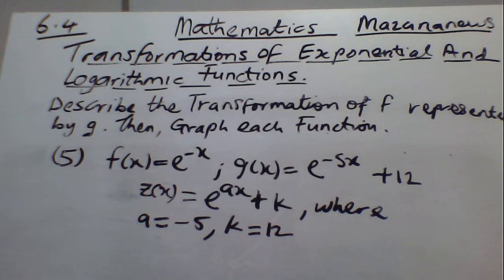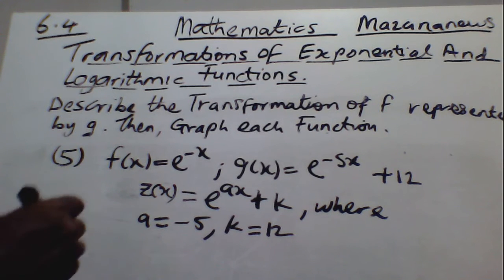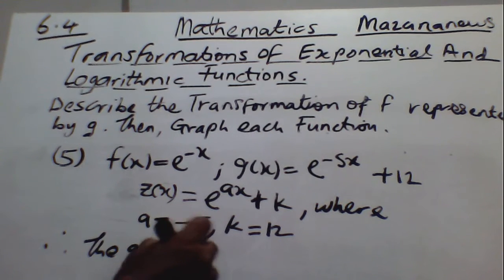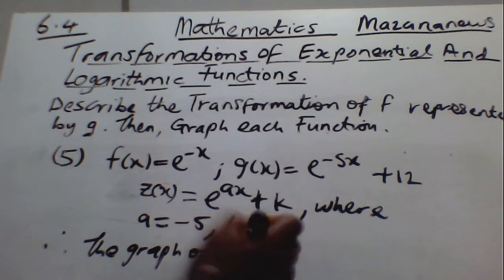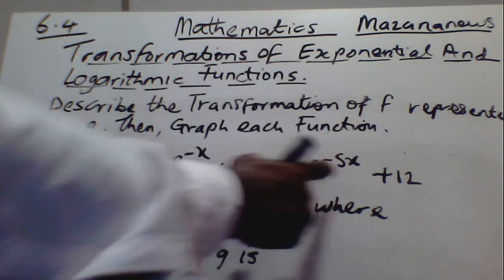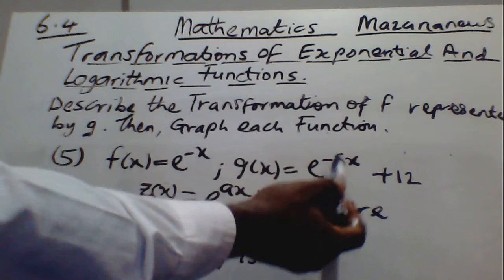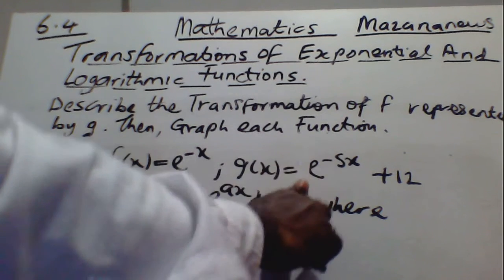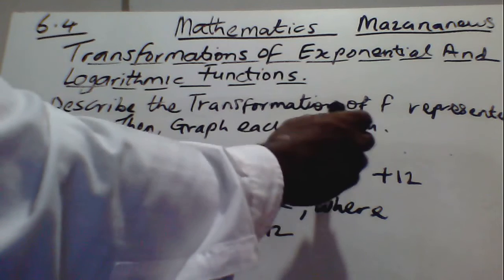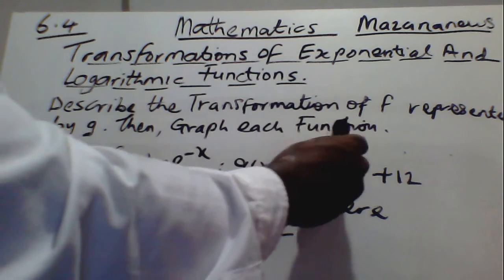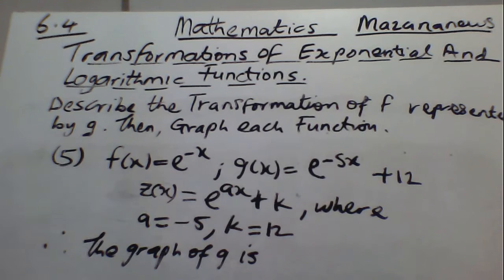So once you state this, you can now conclude that therefore the graph of g is a horizontal shrink, because it is attached here. If 5 were here, it would be vertical, but because we are still talking of a closed function, this is a closed function of natural base e.